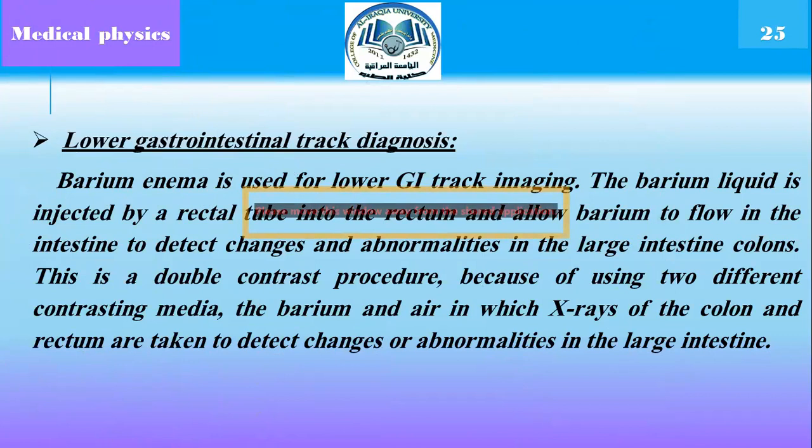This is a double contrast procedure because of using two different contrasting media, the barium and air, in which X-rays of colon and rectum are taken to detect change or abnormalities in the large intestine.